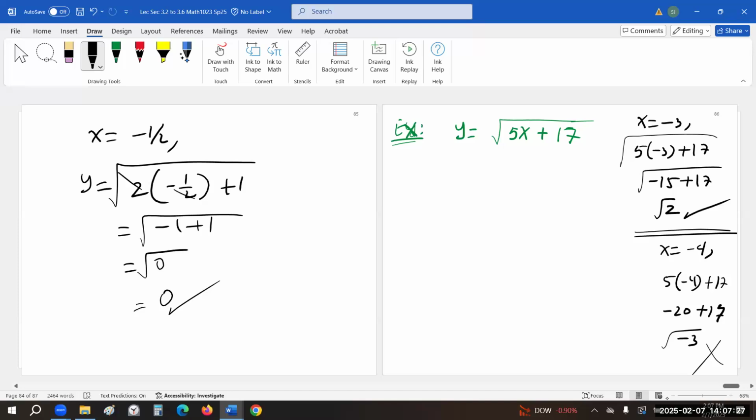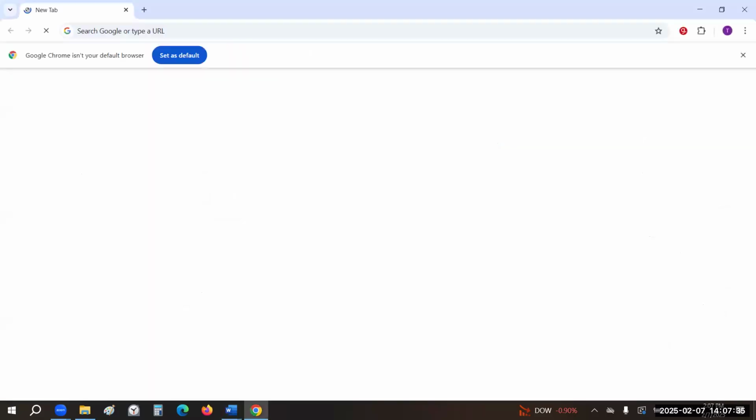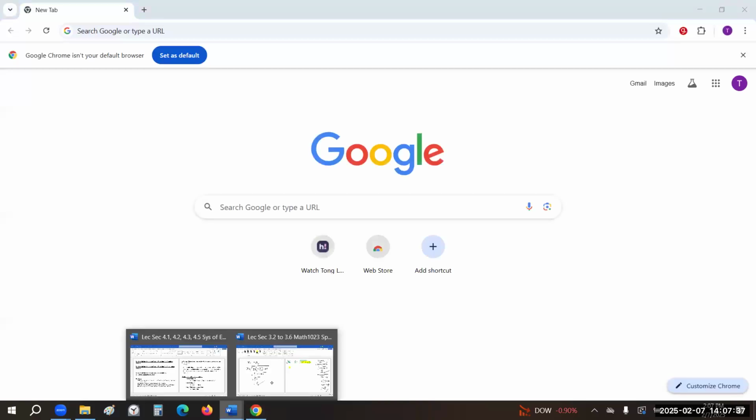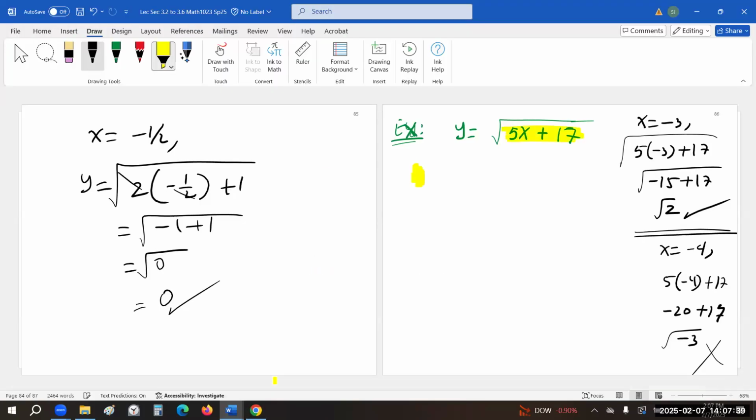We don't have to do it mentally because we know what to do. Take whatever you have here, 5x plus 17, and think about the condition. What is the condition?